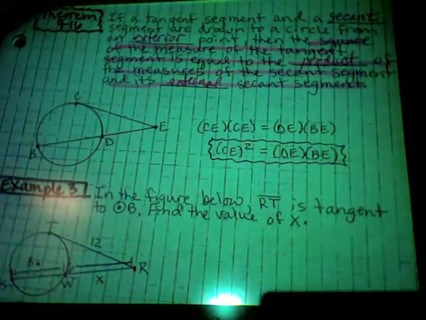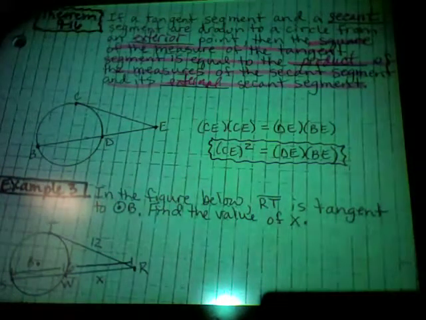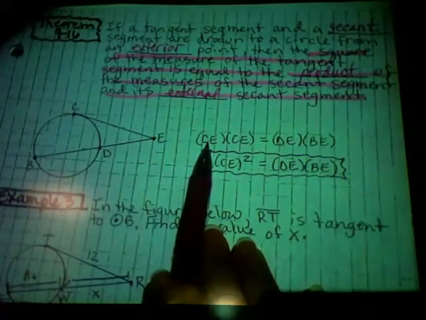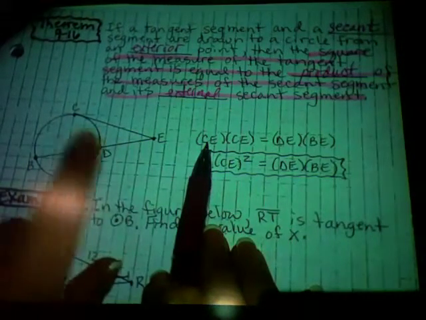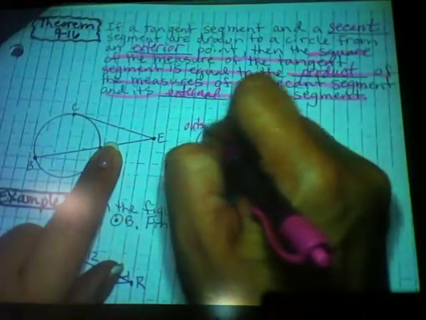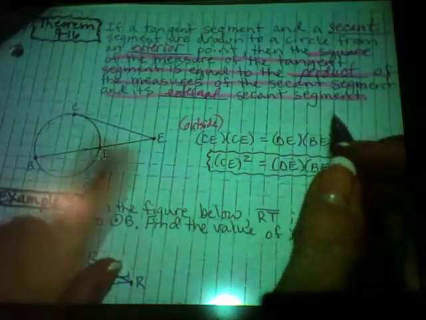I don't want you looking at this as if it's a totally new problem. Let me just show you on this picture why it's not a new problem. It's the same problem as before. We just happen to have a tangent and a secant. So remember it's outside times whole equals outside times whole? What's the outside of this tangent segment? CE. So this is outside, right? What's the whole tangent segment? CE.